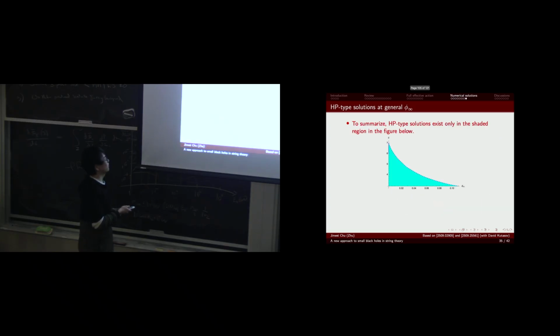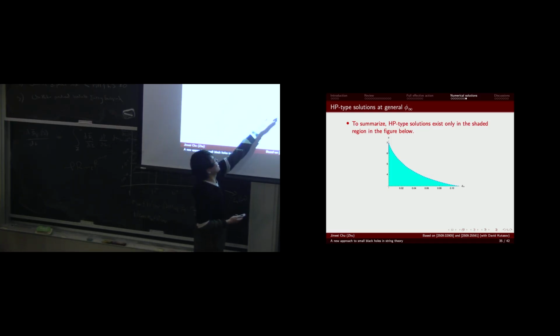And what we do furthermore is to get the maximal value of phi infinity as a function of d. That corresponds to this dashed line. So at each value of d, you can see that the solution can only exist from here to here, for example.